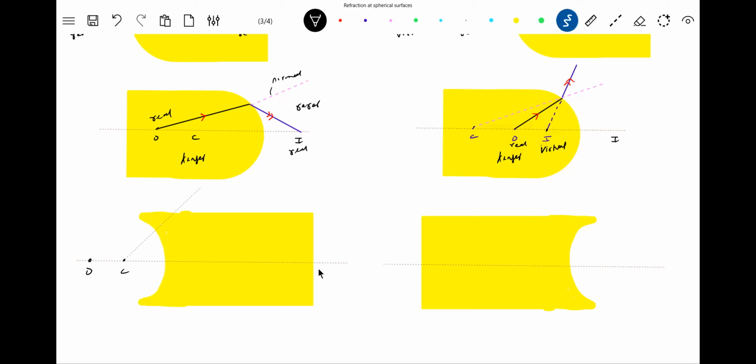Now the incident ray moves from rarer to denser. So what should happen to the ray? Should bend towards normal. The ray should bend towards normal. Okay, this is the image.